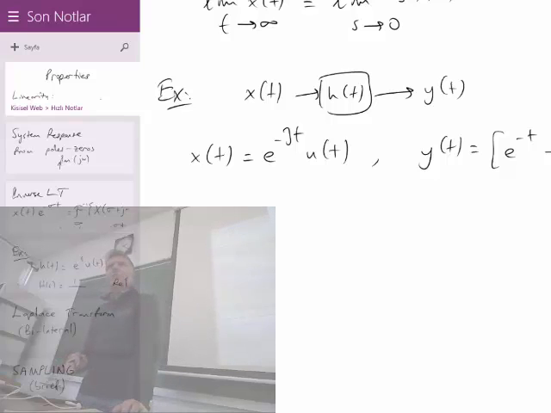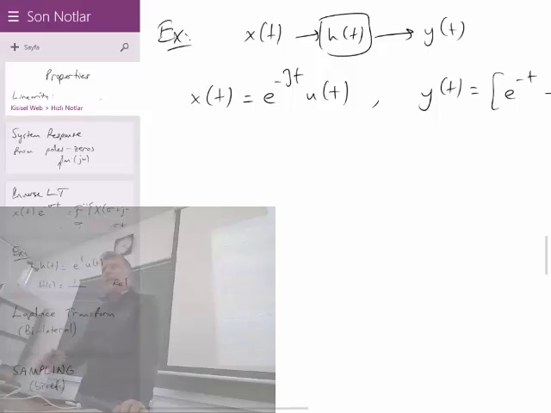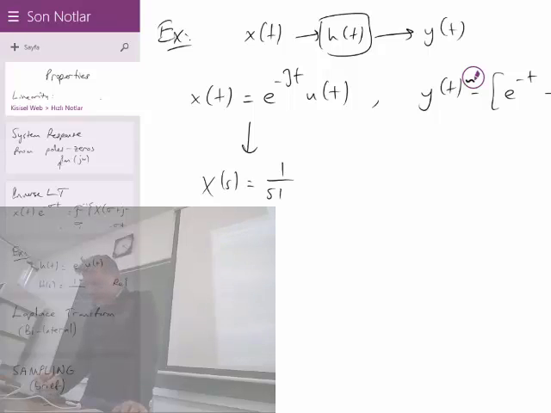We already know how to solve these questions using the Fourier transform. You remember that? You could take the Fourier transform of the input and the output and divide them, that ratio, Y of omega divided by X of omega, will give you H of omega. You could do it that way. But now we can also solve it from the Laplace transform. X of s is equal to 1 over s plus 3.